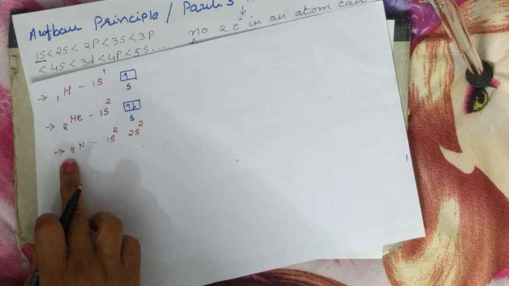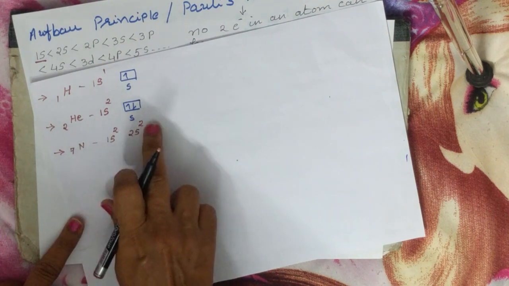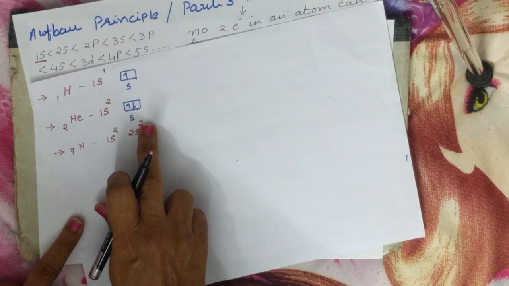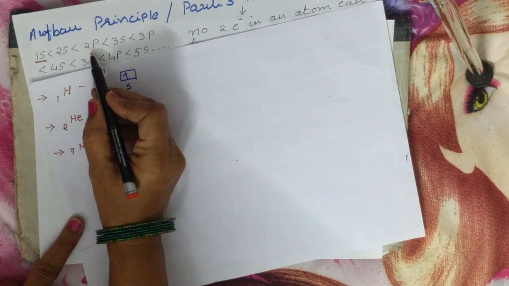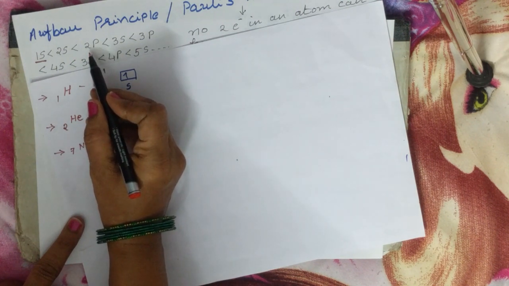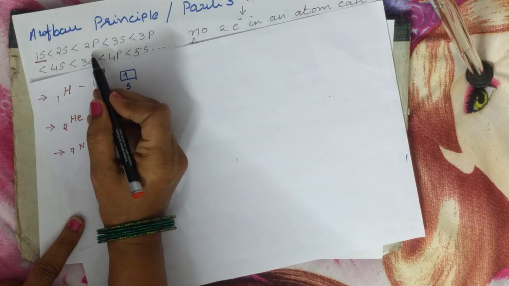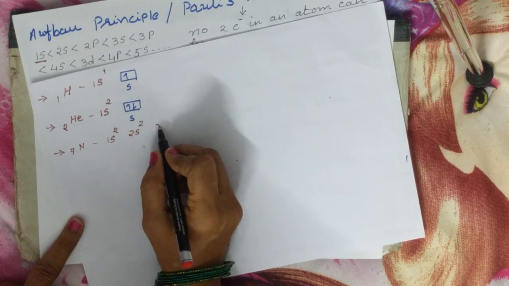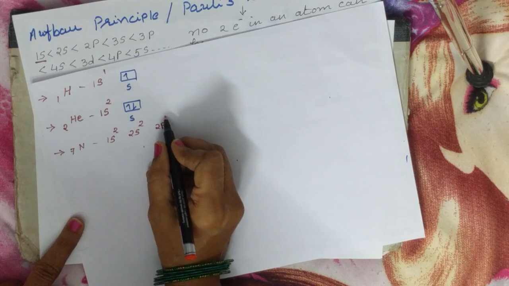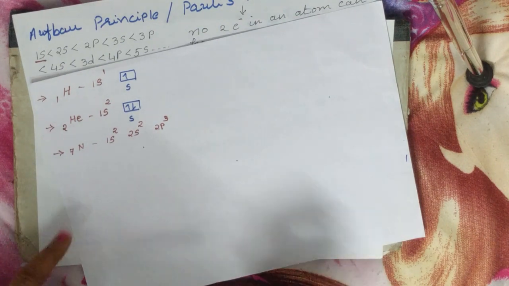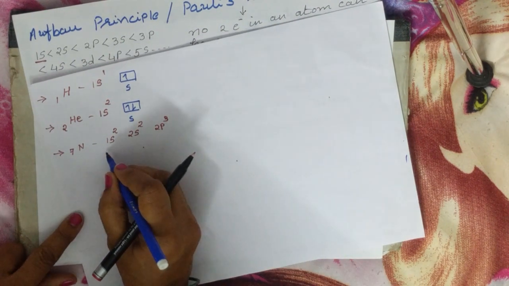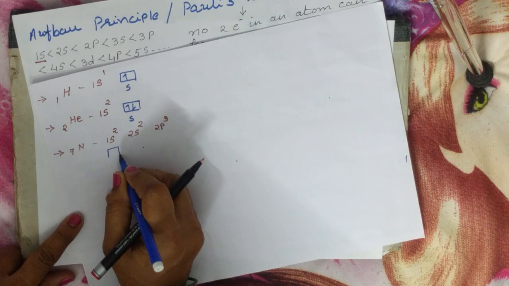Out of 7 electrons, you have accommodated 4 electrons. Now 3 electrons are remaining. Here you have the 2p orbitals, and the p orbital has 3 suborbitals, so in 2p you can accommodate all 3 electrons. This is the notation, and you can show it in this manner.